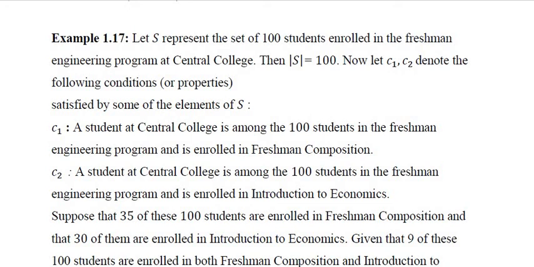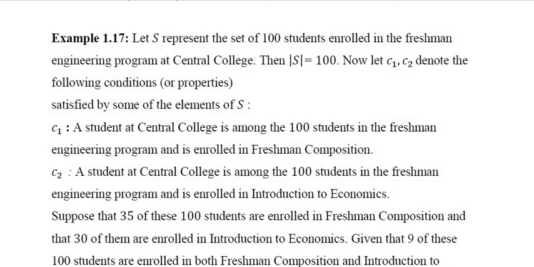Now the next line says that out of these 100 students, the students enrolled in freshman composition are 35. That is n of C1. We know that C1 is the condition stating that the students are enrolled in freshman composition. So n of C1 is equal to 35. And the number of students enrolled in Introduction to Economics, denoted by n of C2, is equal to 30.